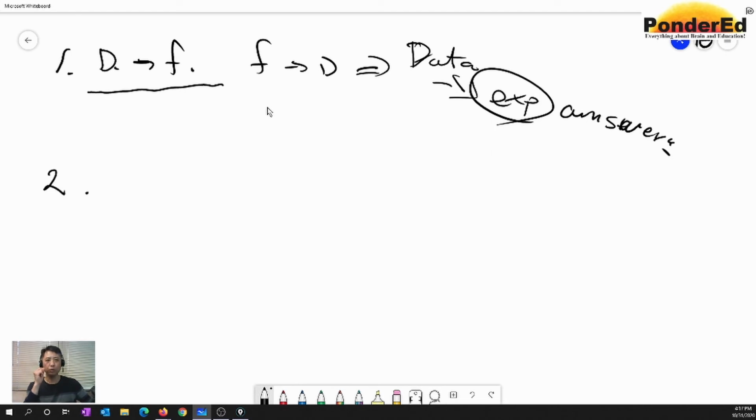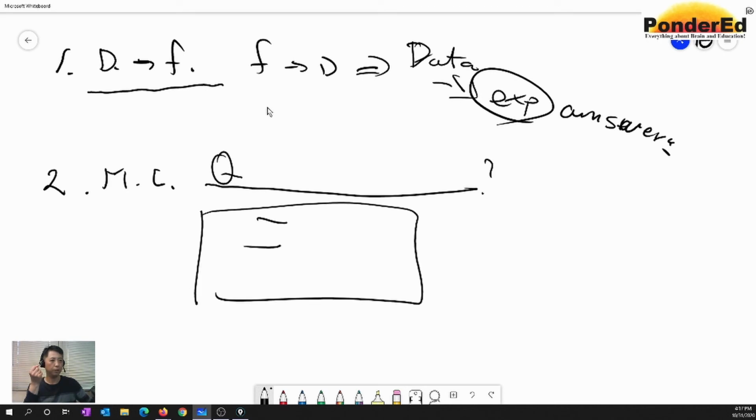Now with number two, multiple choices, this is what you need to do. Okay. So a multiple choice is a question given like this. But if it is an actual test that you are sitting and you have to take, then you just go through it, right? But when you are studying for exams or any practice exams and practice questions, then what you need to do is remove these choices.